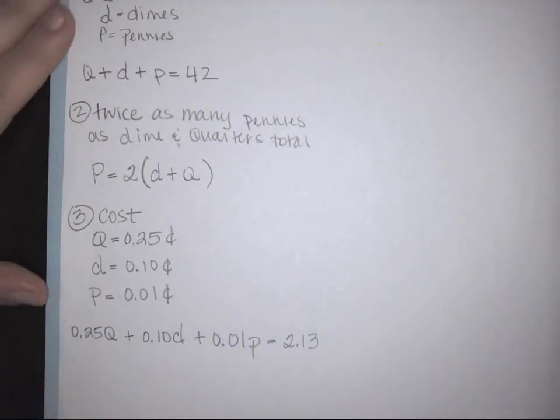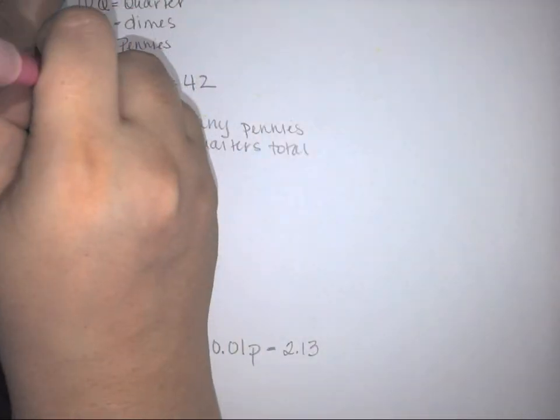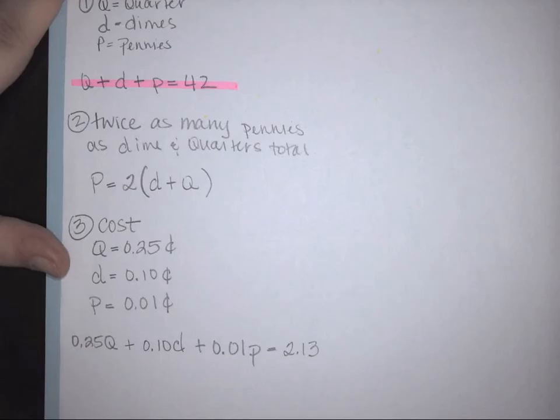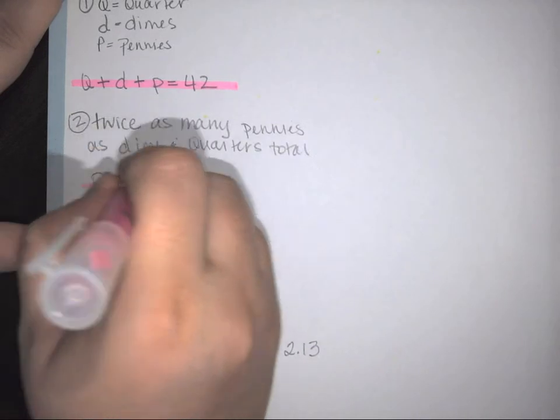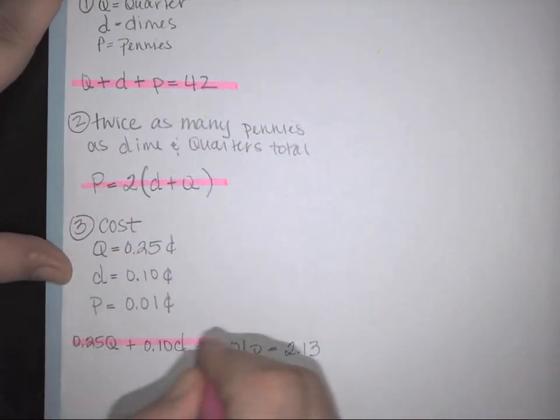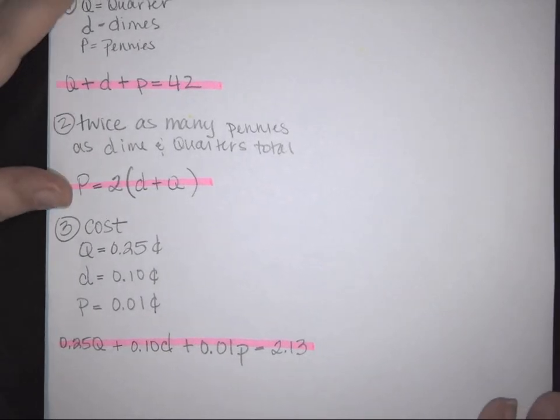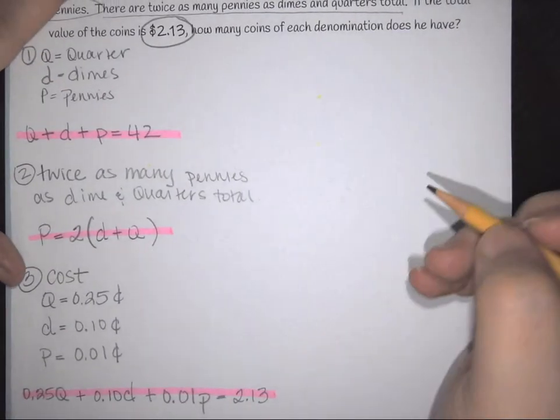So we have our 3 equations that we have to use. And they are quarters, dimes, and pennies is 42. Pennies is the following. And our total cost. So we need to set up our system here. So let's go ahead and take a look at it.